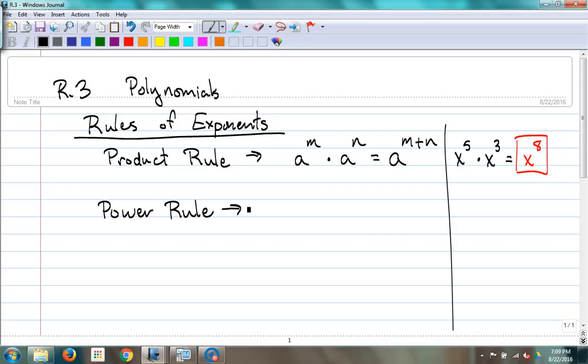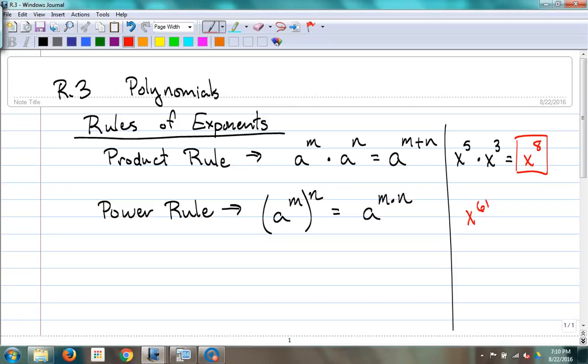The power rule is where we have a power, a base with an exponent, and that's inside parentheses with an exponent outside those parentheses. So we have something with an exponent raised to an exponent. The rule is that you multiply those exponents.